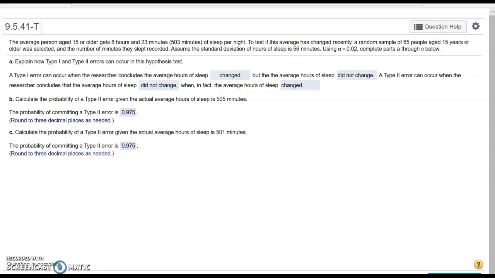And then a type 2 error is when we don't reject the null, but we should have. So if we don't reject the null, we're saying that there was no change when really there was a change. You have to get those straight in your head and really work that out in your mind.